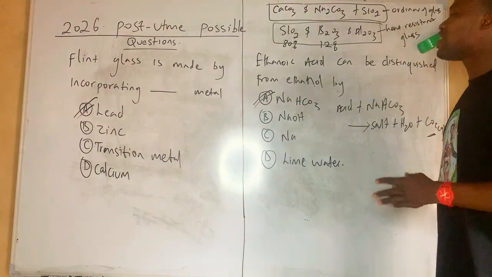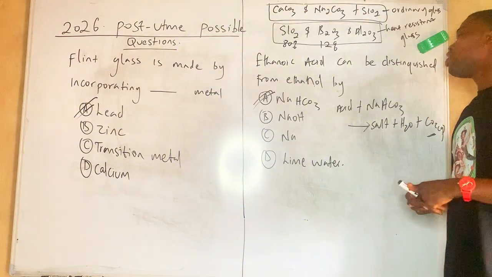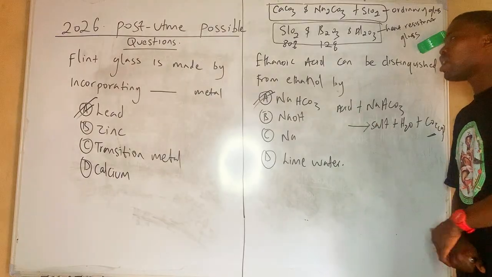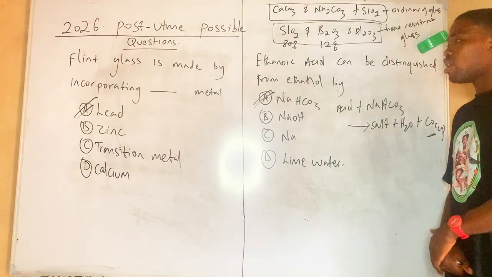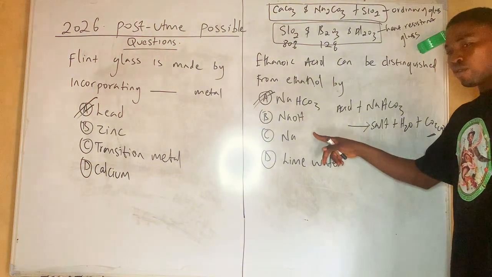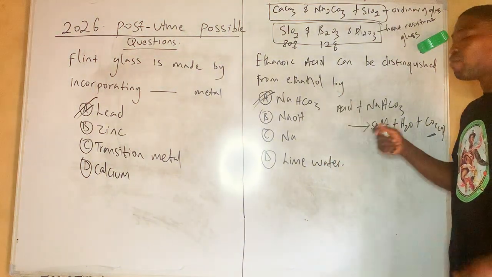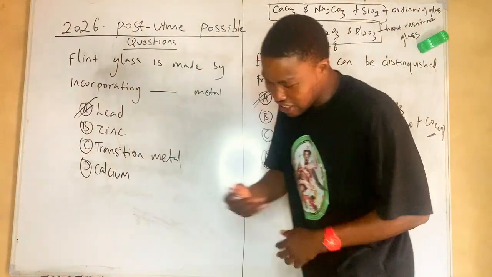So alkanoic acid reacts with sodium bicarbonate, or sodium hydrogen trioxocarbonate, to liberate CO2. So that's one way to distinguish between alkanols and alkanoic acids. We cannot use sodium metal because alkanols, I told you, produce hydrogen in solution. Alkanols can react with metals to liberate hydrogen gas.